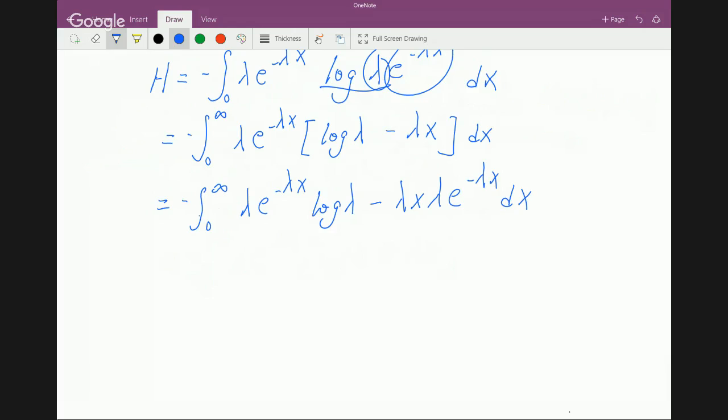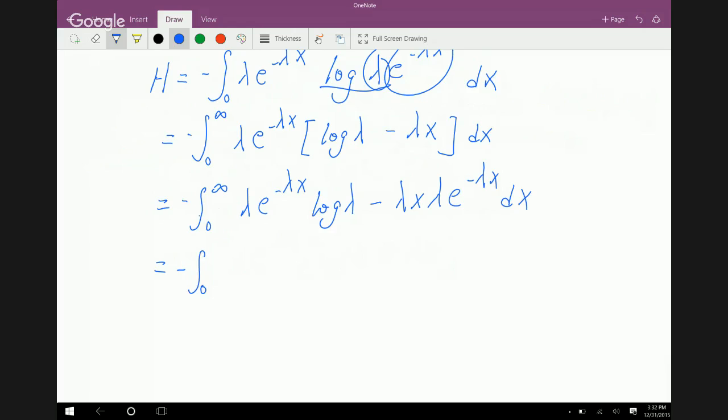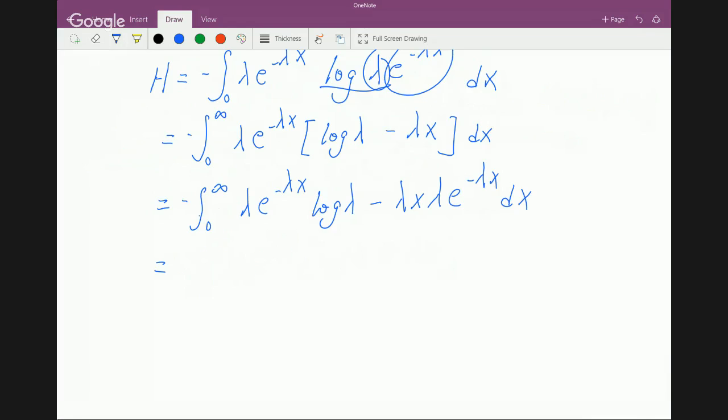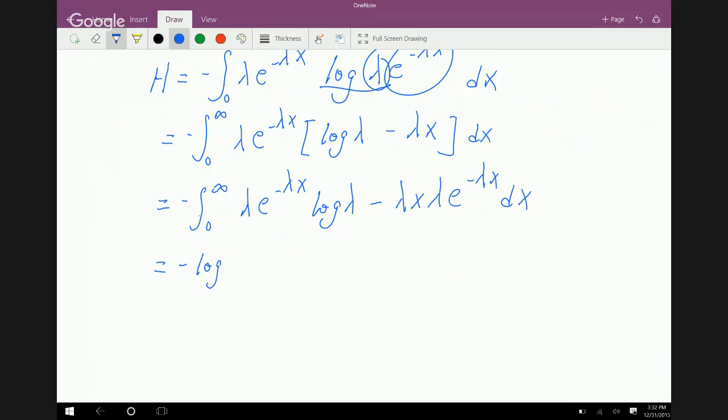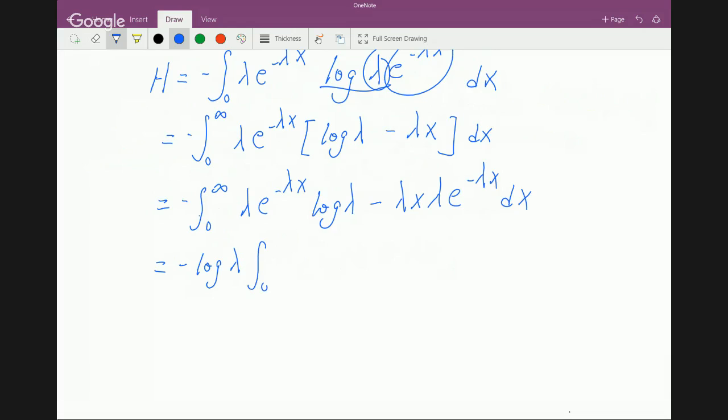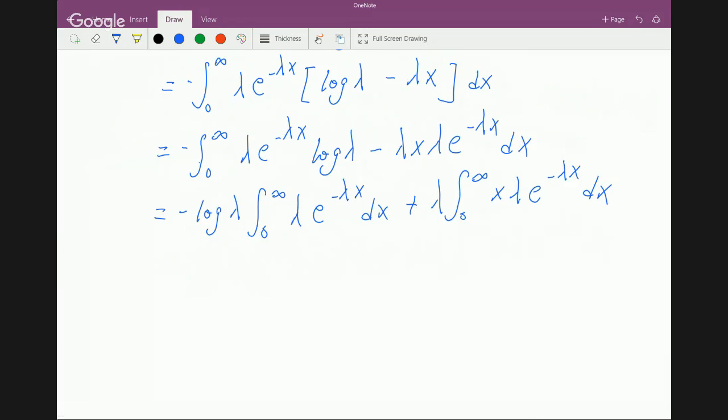Now I'm going to rewrite this again. Minus log of lambda, integral lambda e to the minus lambda x dx, plus lambda integral x lambda e to the minus lambda x dx.